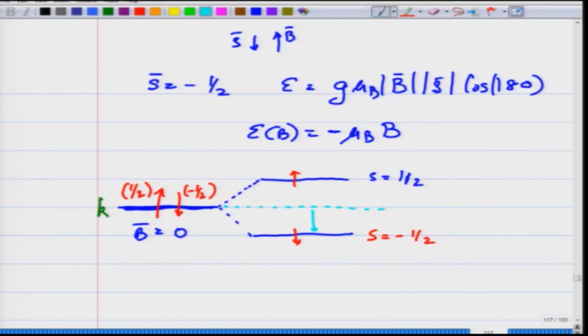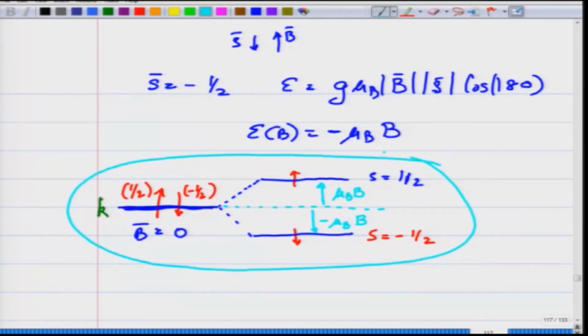So, this is minus mu B into B, the Bohr magneton into B, and this goes up by plus mu B into B. And this is how an electron behaves when you introduce the spin degree of freedom into the considerations.